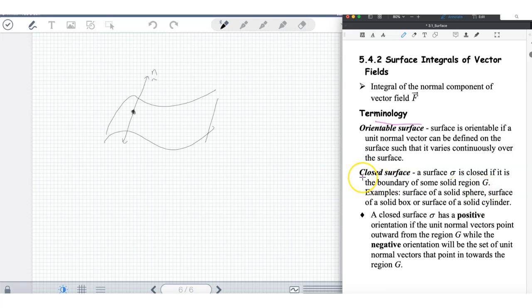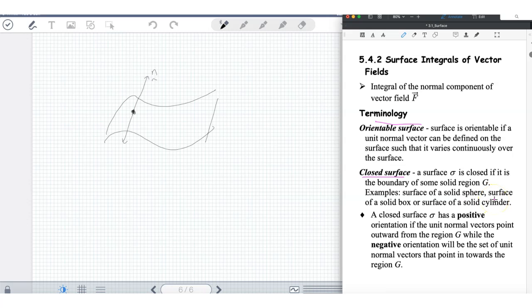Another thing is a closed surface. There is a possibility that your surface is closed. A surface sigma is closed if it is the boundary of some solid G. For example, the sphere is closed, right? So the sphere surface is a closed surface.